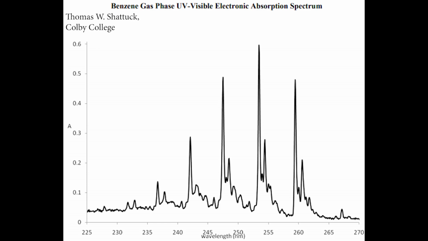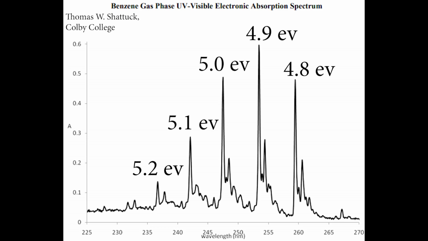But we have these electrons jumping from bonding to antibonding orbitals. If we convert these wavelengths into energies, which is what I've done here, the one at around 238 or so is about 5.2 eV, and then you get down to 243, which I calculated as 5.1 eV, 5.0, 4.9, 4.8 eV.